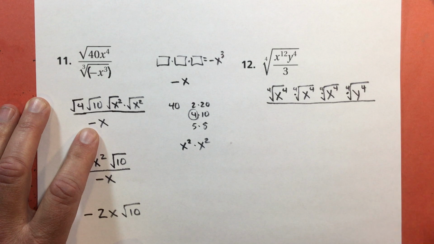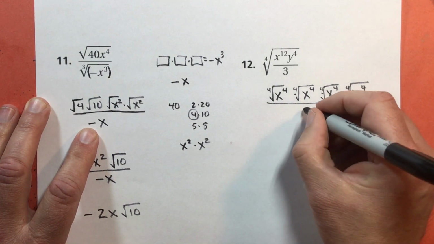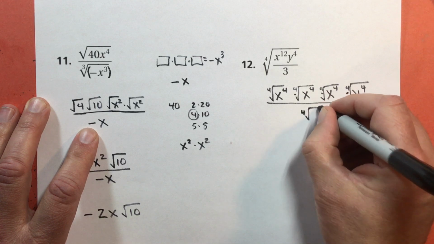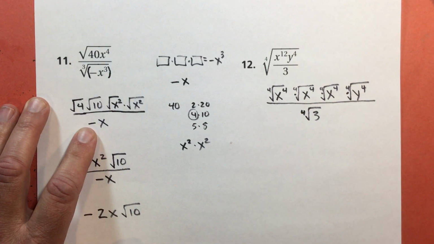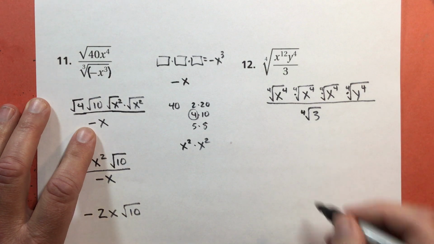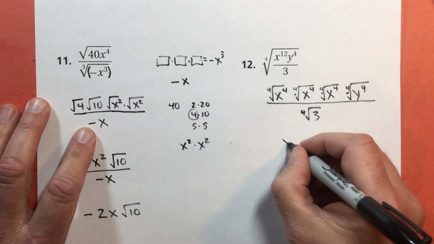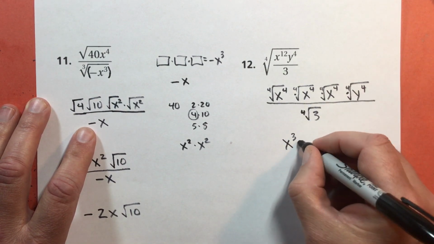And those are nice, because that's going to be x times x times x times y. The denominator, though, is going to be the 4th root of 3. That's not so nice. So x times x times x is x cubed times y.